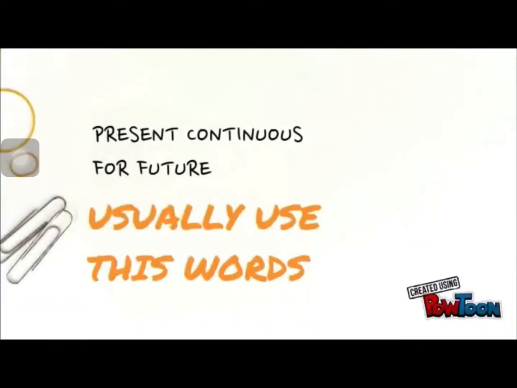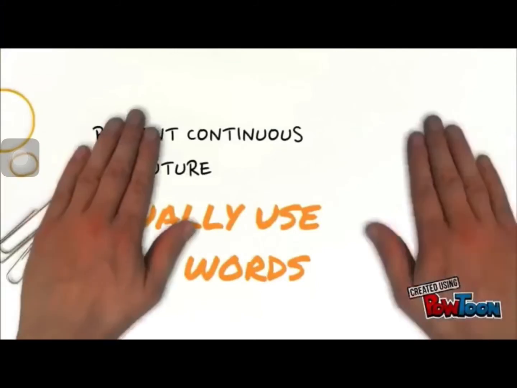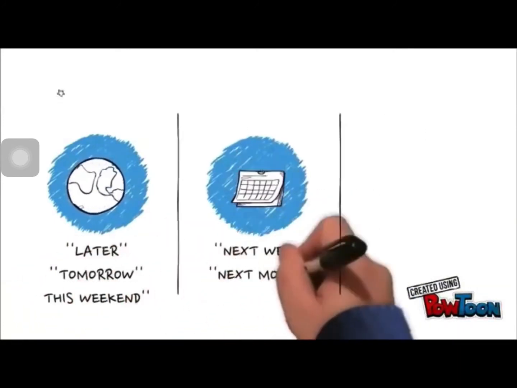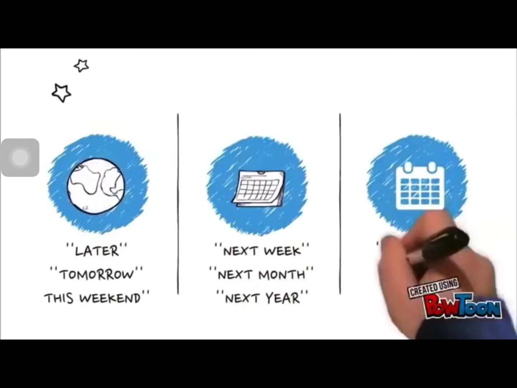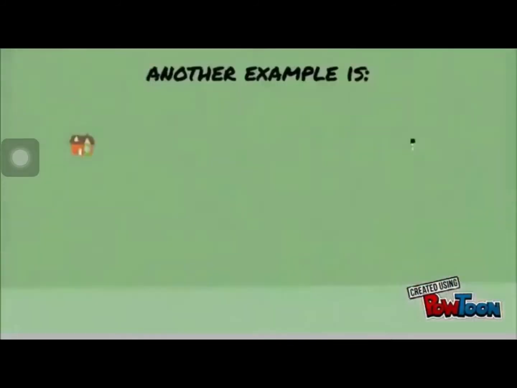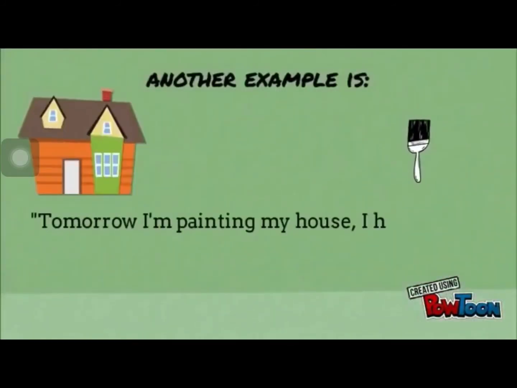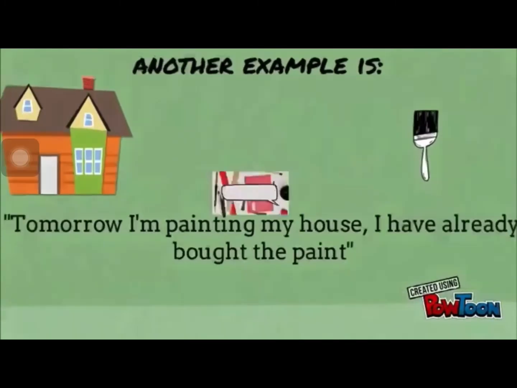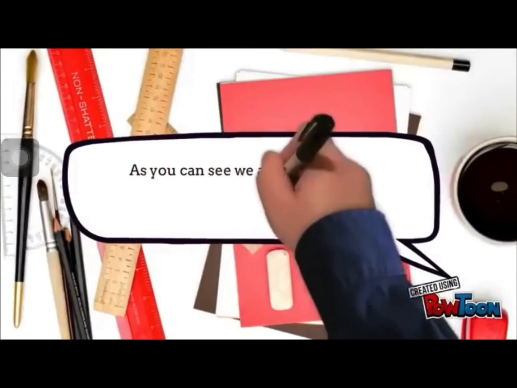We usually use these words: later, tomorrow, this weekend, next week, next month, next year, on Monday, on Tuesday, on Sunday. Another example is, tomorrow I'm painting my house. I have already bought the paint. In this case, we are talking about the future when we say I'm painting the house.